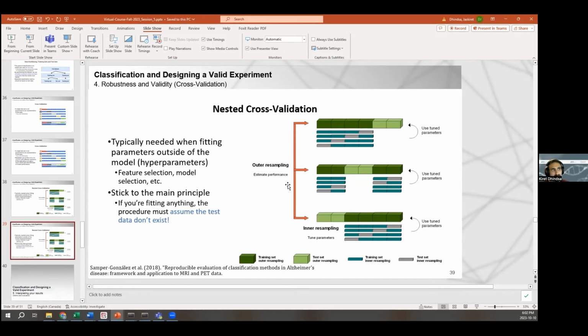And this is why we start to get into things like nested cross-validation, because for some set of hyperparameters or metaparameters, we then want to use cross-validation within that to find what is the best model.